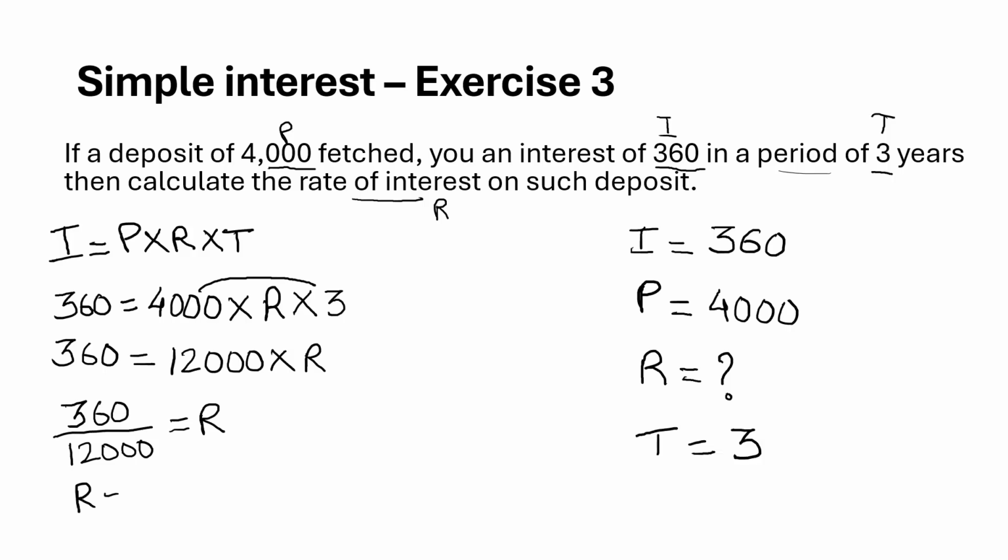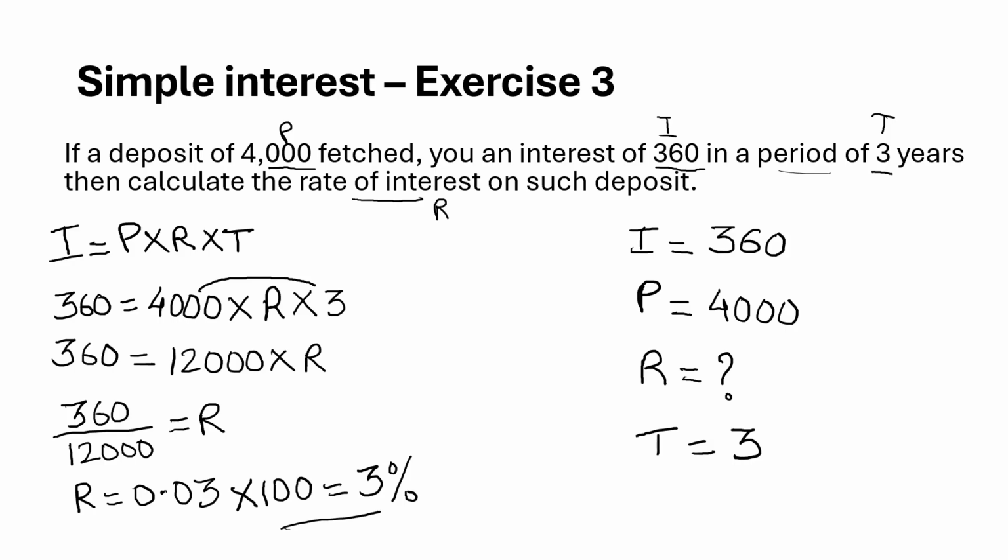R is equal to 0.03. Now percentage means per 100. So you will multiply by 100. So how much is the percent? The rate of interest which I will receive is 3%. This is my answer.